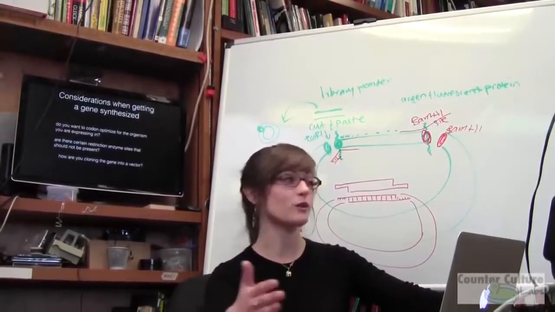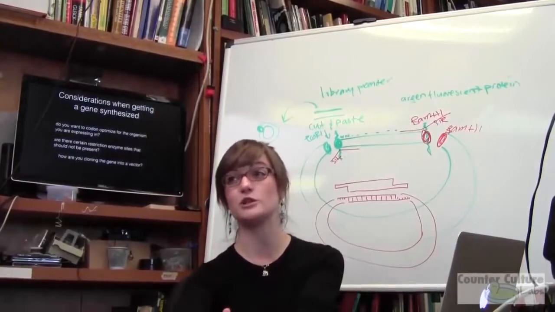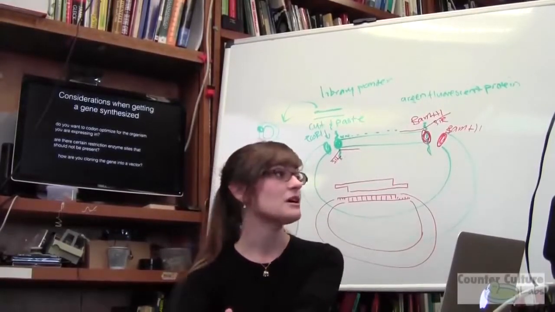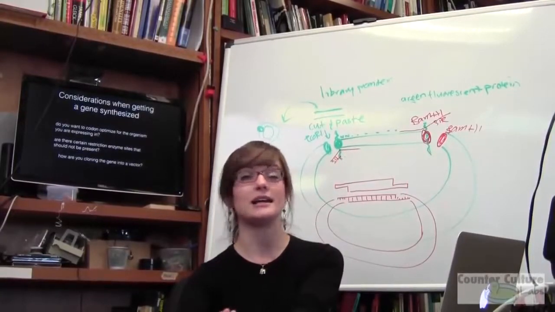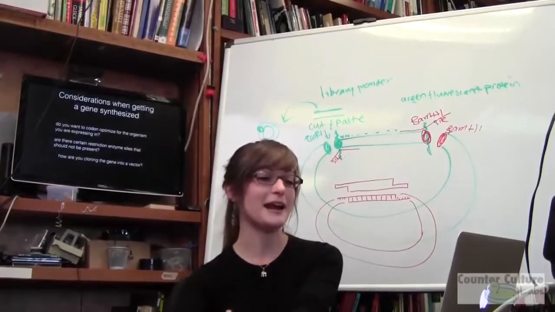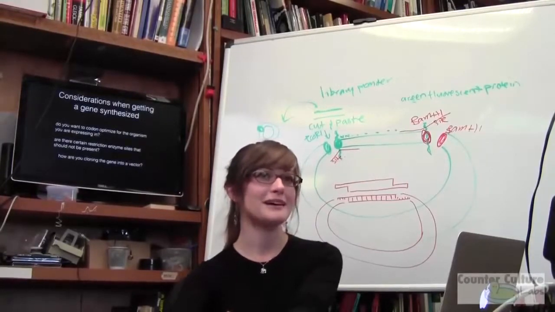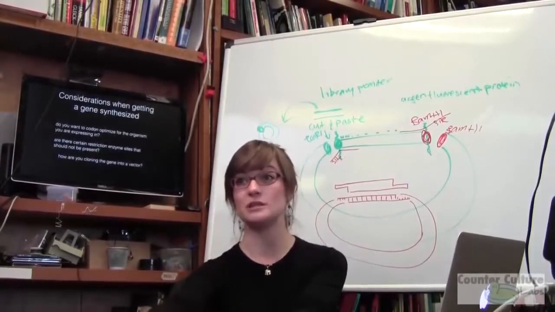If you're going from plant to E. coli, E. coli has different ratios of charged tRNAs present. Maybe you would want to optimize your gene sequence such that it can utilize the tRNA pool that is present in E. coli versus plant, because it might be different.